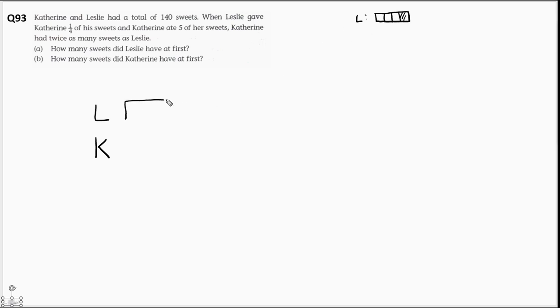So that's why I'm going to give Leslie a bar that's split. Now, that appears to be into thirds, but it's 3 quarters of the original 4 quarters that he had. So this is after. I should probably label that. I'll label that at the end. That's what Leslie has at the end.